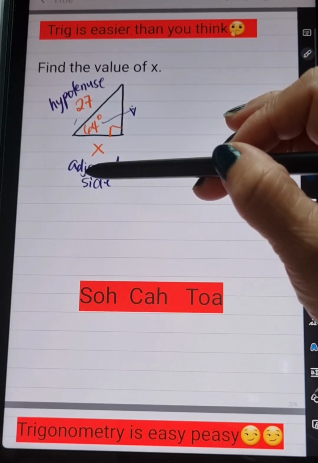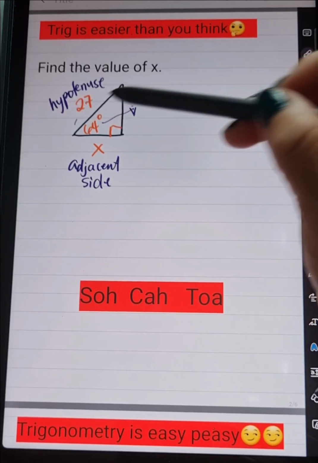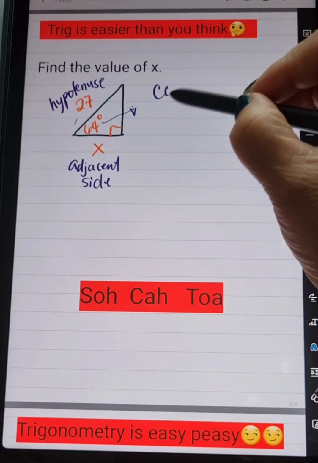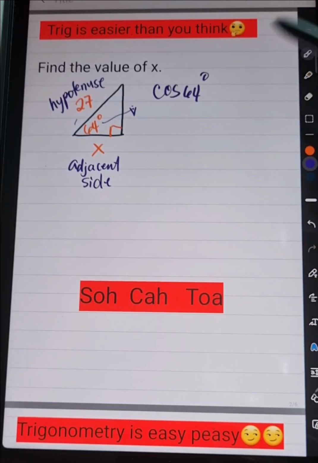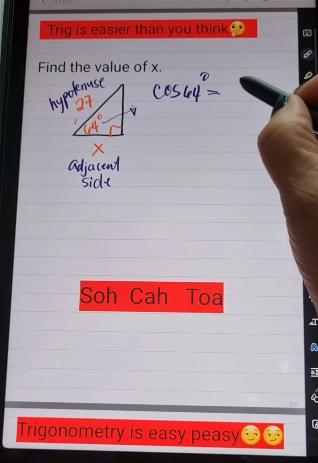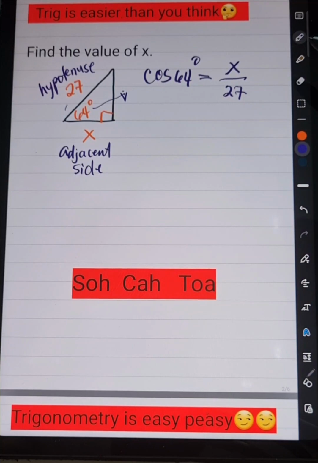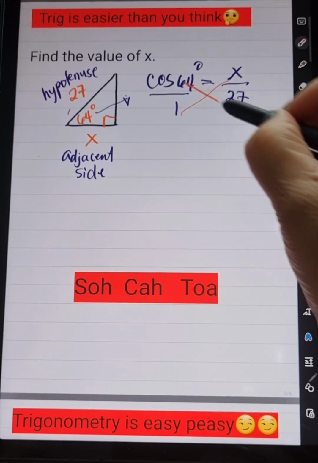So now in this case, wherein the given here is adjacent and hypotenuse, it means this is cosine function. So we're going to write cosine 64 degrees is equal to adjacent, which is x, over hypotenuse, which is 27. Now again, cross multiply to solve for x.